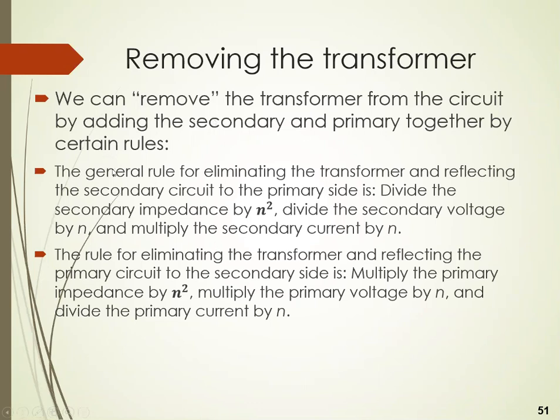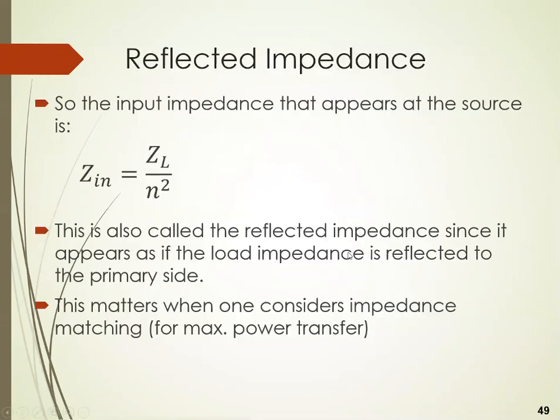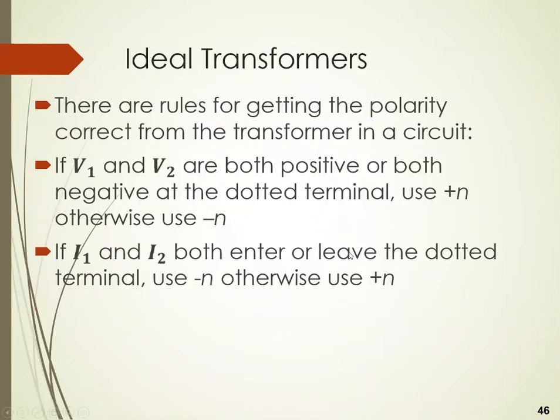We can remove the transformer from the circuit by adding the secondary and primary together using a couple of rules. I'm going to read them, but they'll make more sense once we do some problems. The general rule for eliminating the transformer and reflecting the secondary circuit to the primary is what we want to do. Let me go back to the model here.